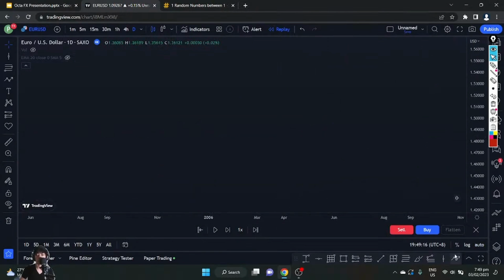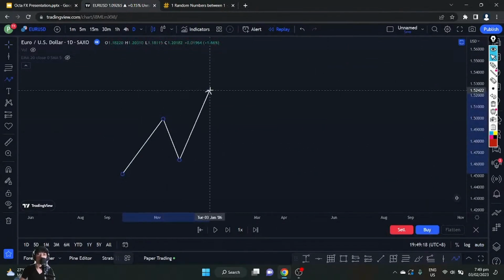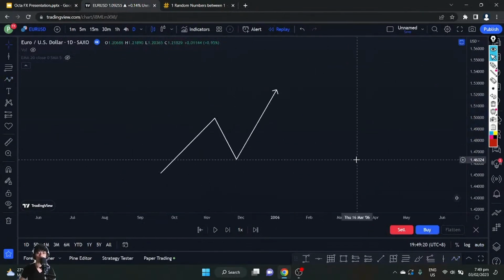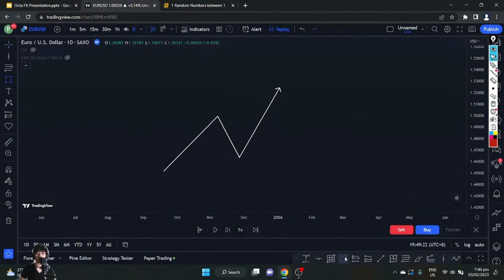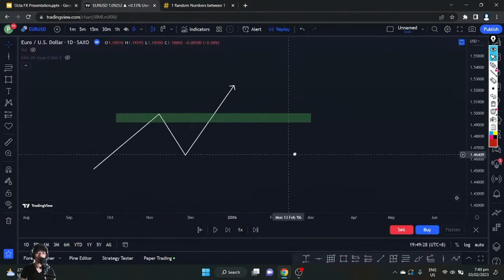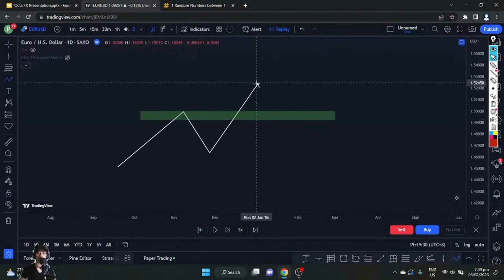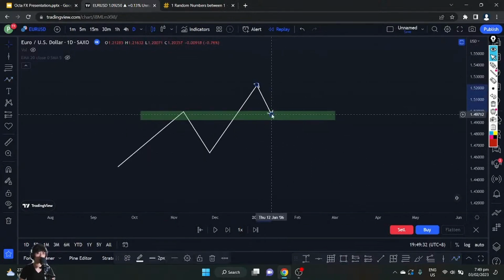So here again, if we have a 1, 2, 3 pattern, now that we know that we can locate our most recent level, which is right here. This is our support zone, and we know that we have a tendency for the price to go back down here.